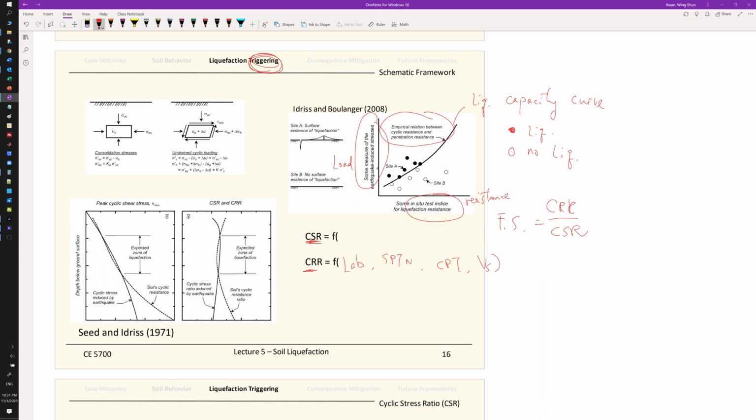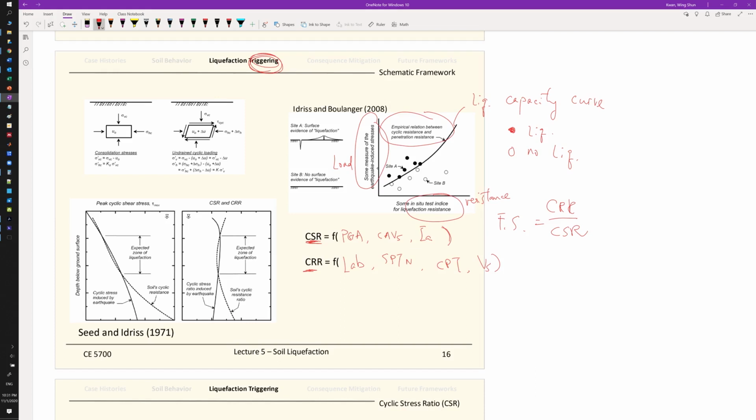And CSR is the cyclic stress ratio, which is the loading part. We can describe that with PGA, CSR in terms of PGA, CAV5, the cumulative absolute velocity. Back in lecture 2, we talked about those, and also Arias intensity, all the different loading or intensity measures that we use to describe earthquake loading. So that could be the loading part.